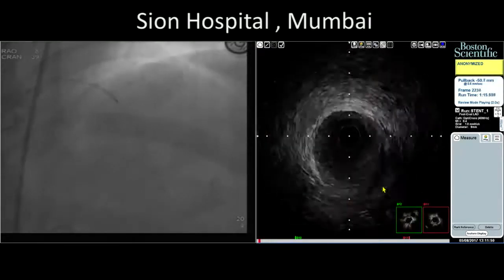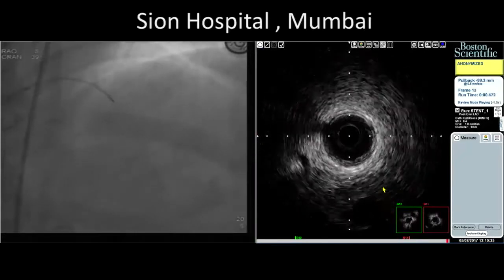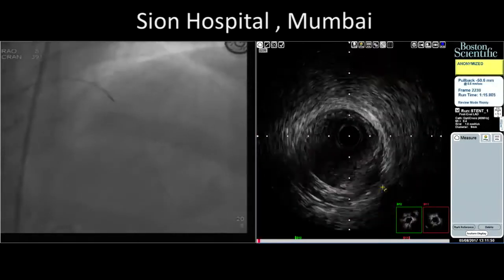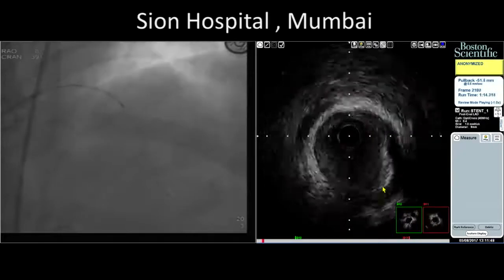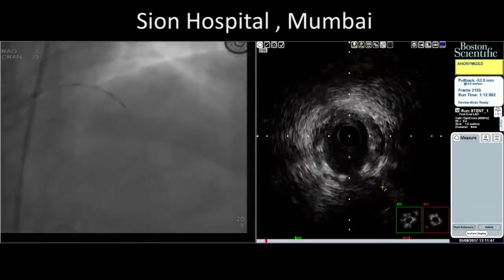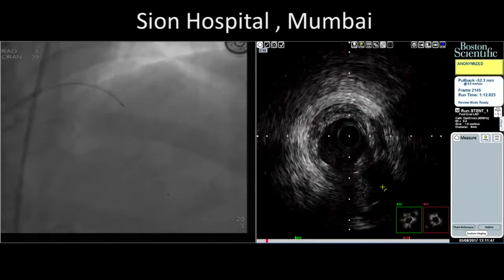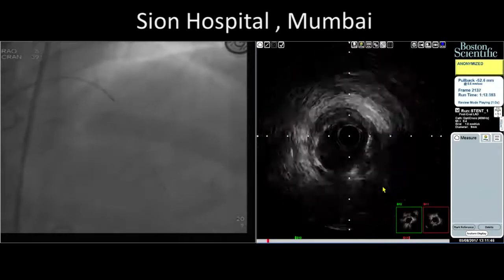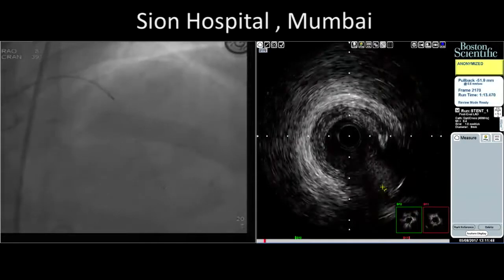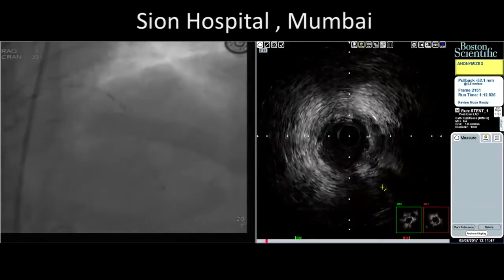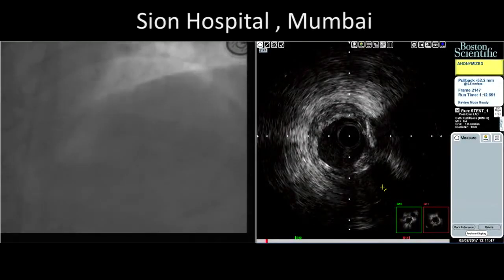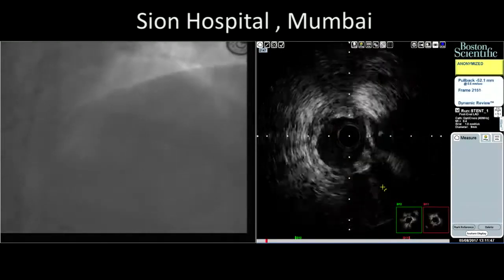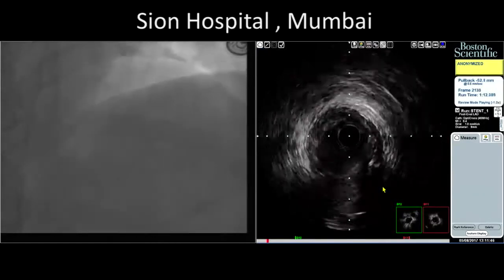So now we have a 3.5 high pressure for the proximal segment. Good. Okay. This is a 3.5 Mosaic.